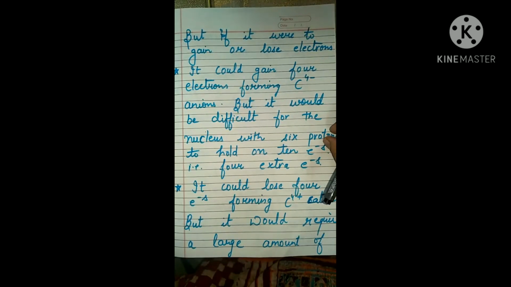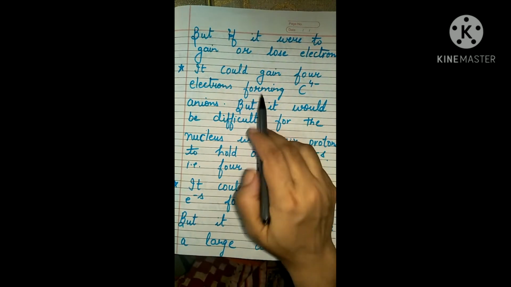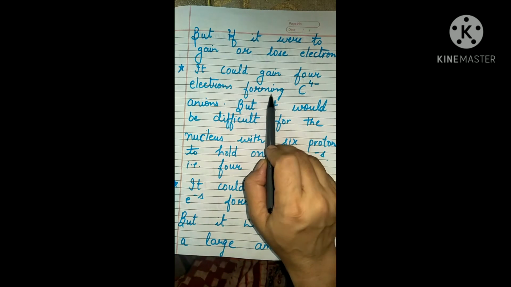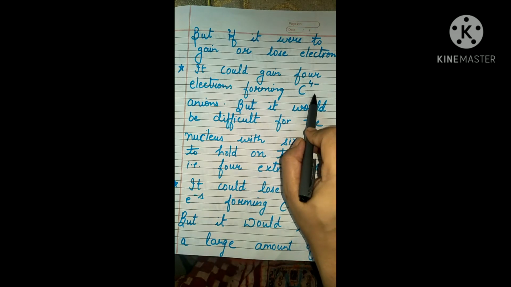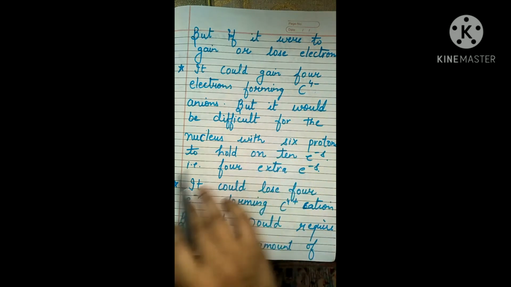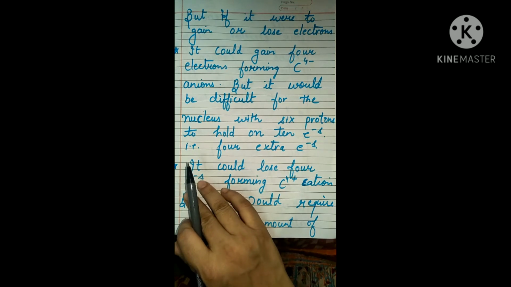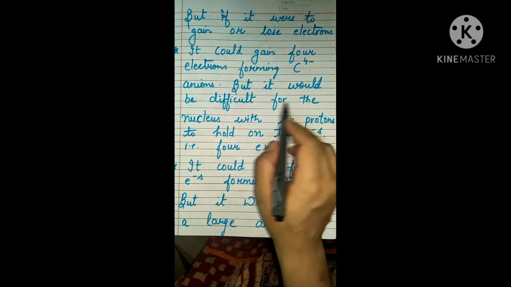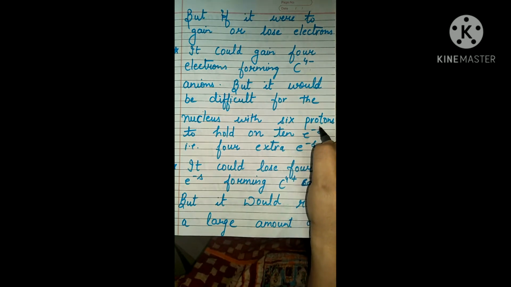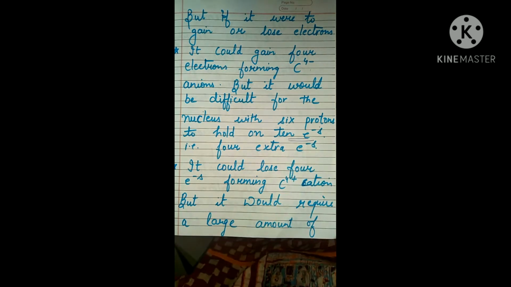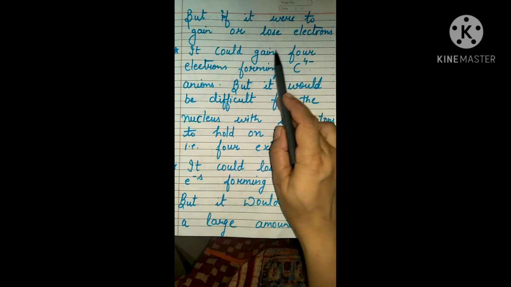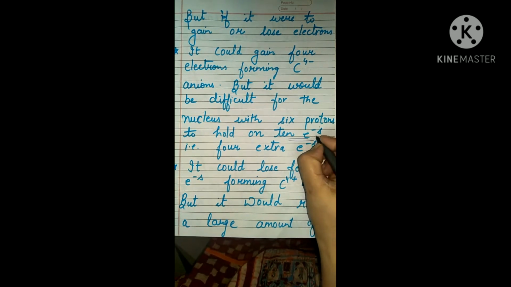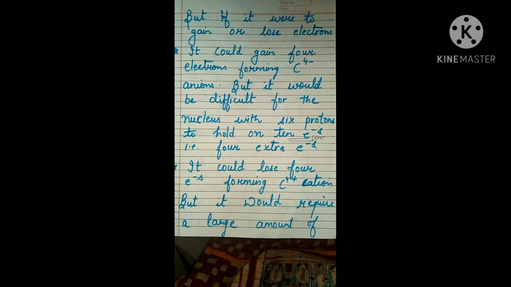If it gains 4 electrons, it will acquire a negative charge. But it would be difficult for the nucleus with 6 protons to hold on to 10 electrons. Why 10? Already 6 were there, and we have gained 4 electrons; 6 plus 4 becomes 10.